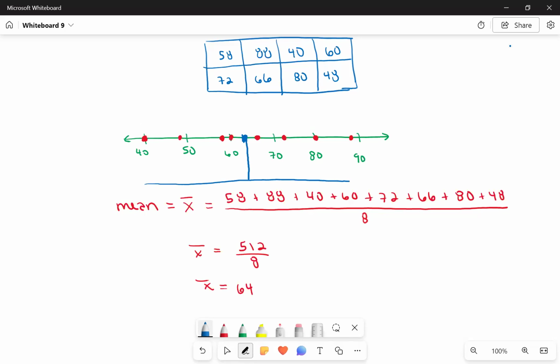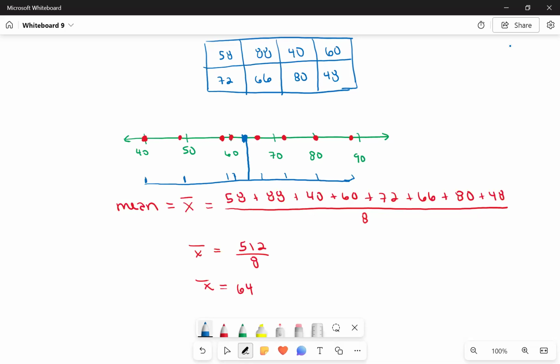We're kind of splitting the data a little bit in half, and we can kind of see how far the data values are from the mean. And we notice that there's quite a few very close to the mean. There's a few that are a little bit smaller. They're smaller than the mean, bigger than the mean. It's split in half. See that? 4 of them are smaller than the mean. The other 4 are bigger than the mean.